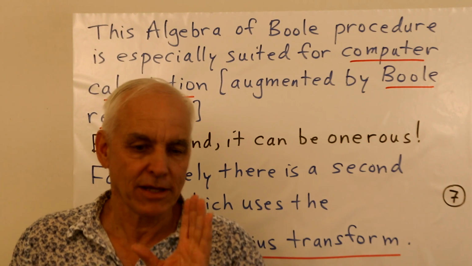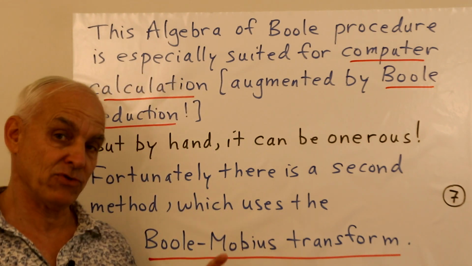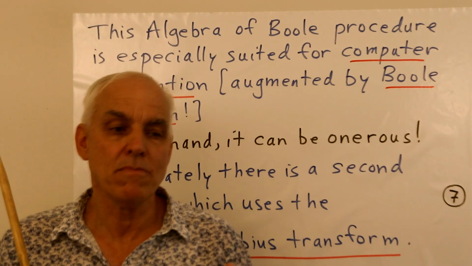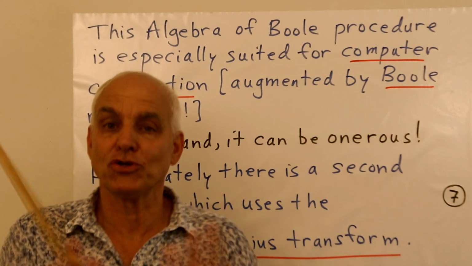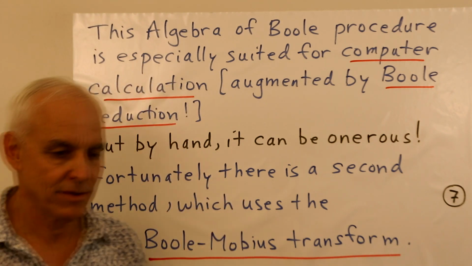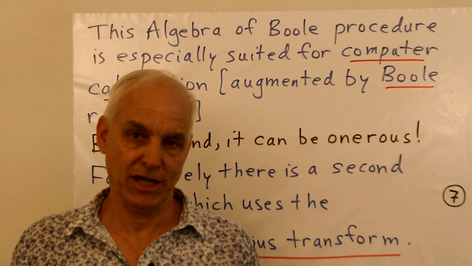So it turns out that by exploiting that thing and understanding that Boole-Mobius transform computationally a little bit better, we're going to have a viable second alternative to solving this fundamental logical procedure for verifying reasoning.